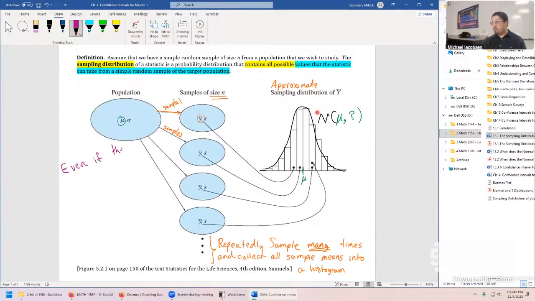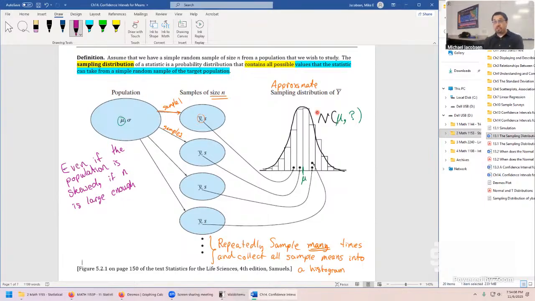if the population is skewed, if n is large enough, we need to say what's large enough. So we'll have a rule of thumb about that.